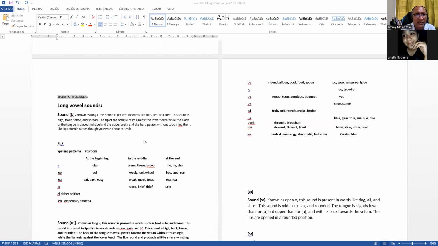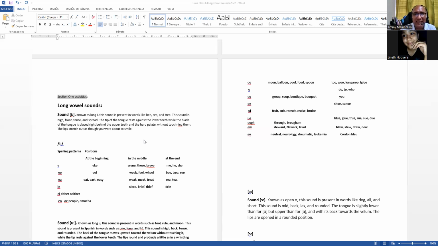This sound is high, front, because your tongue is right in the front, and tense, because your cheeks, your lips are tense, spread. So the tip of the tongue rests against the lower teeth, while the blade of the tongue is placed right behind the upper teeth and the hard palate without touching them.